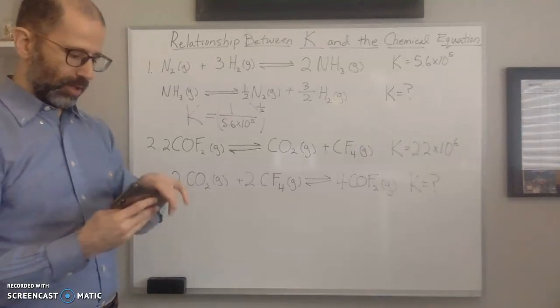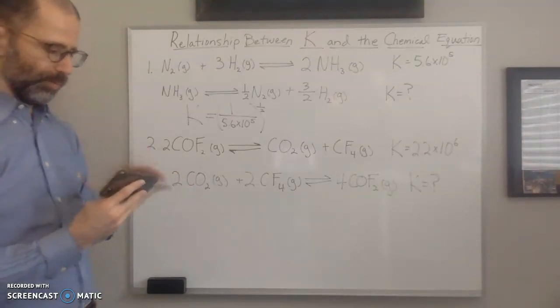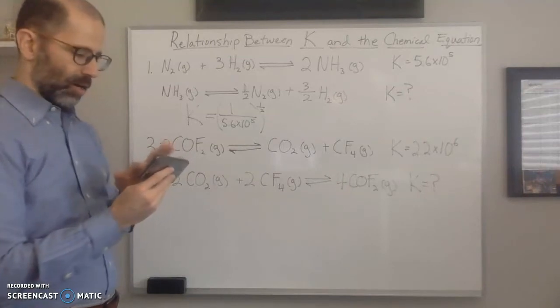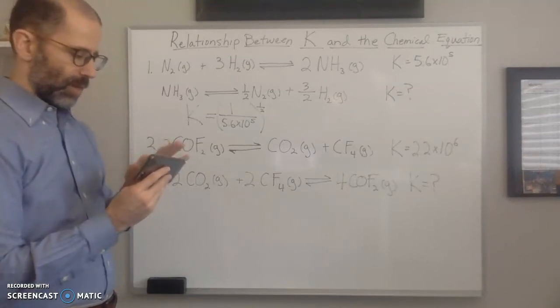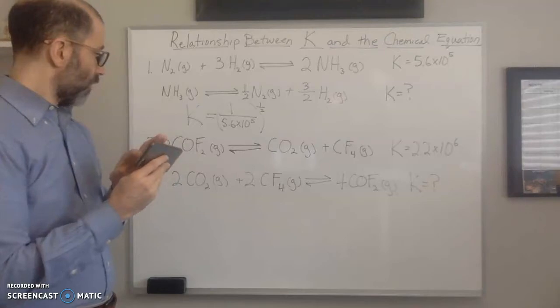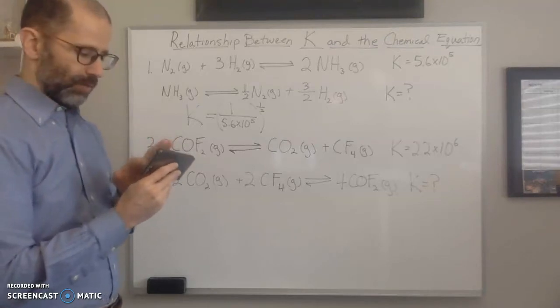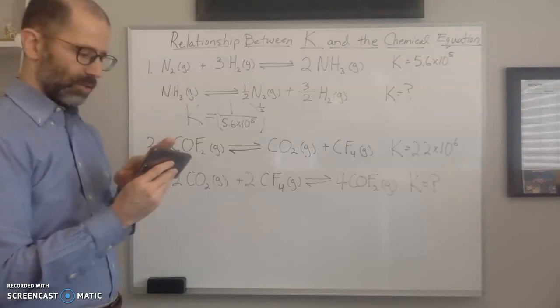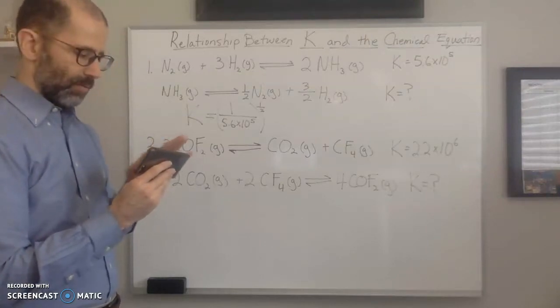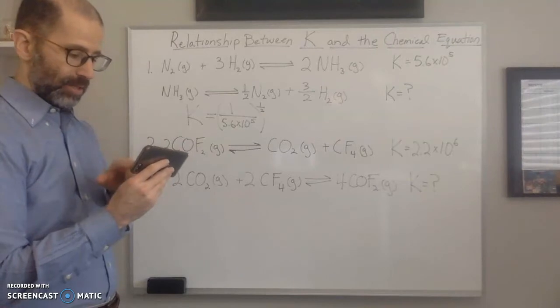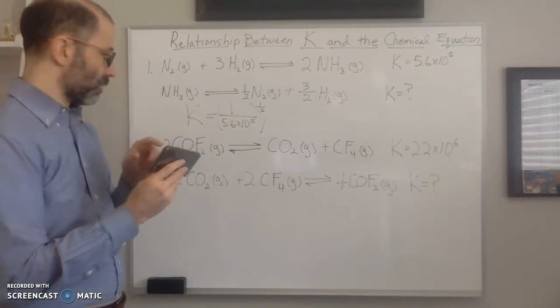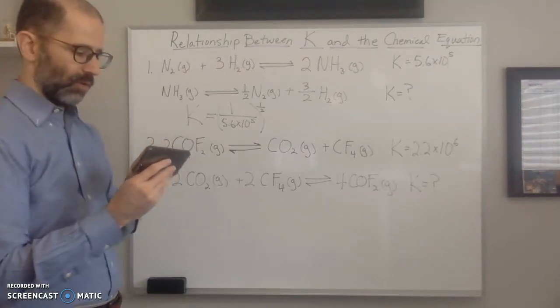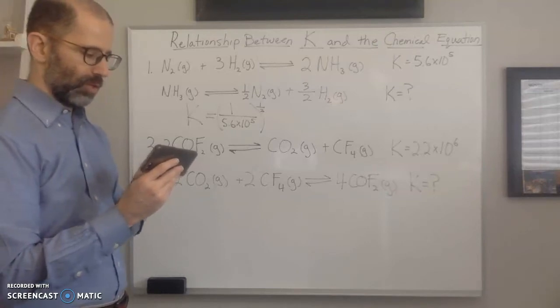Let me get my calculator ready. I'm going to take 1 divided by 5.6 times 10 to the 5. That's going to be equal to that. Now I'm going to raise it to the 1/2 power, so I'm going to square root it.